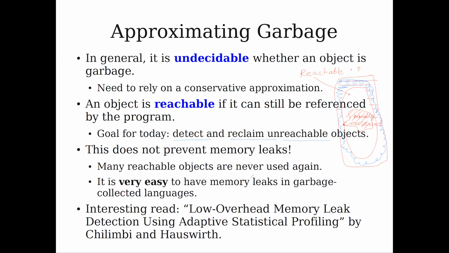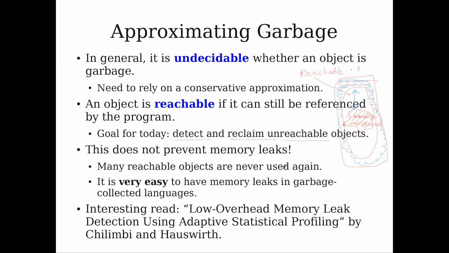And with some programming practice, you write programs such that this gap between reachable and useful objects is minimized. If you read about good programming practice in Java, you should always set your references to null once they are no longer in use. So that is the idea.